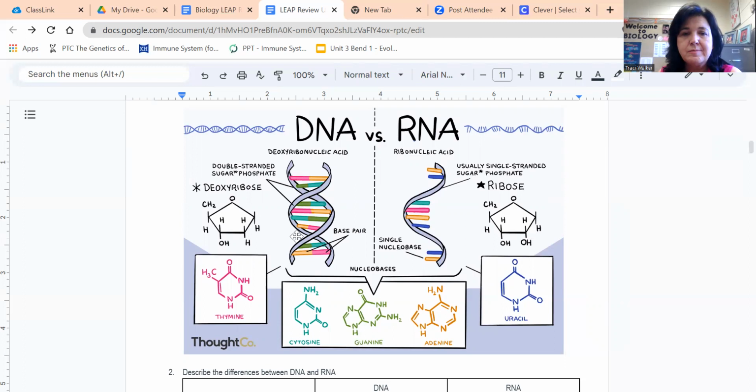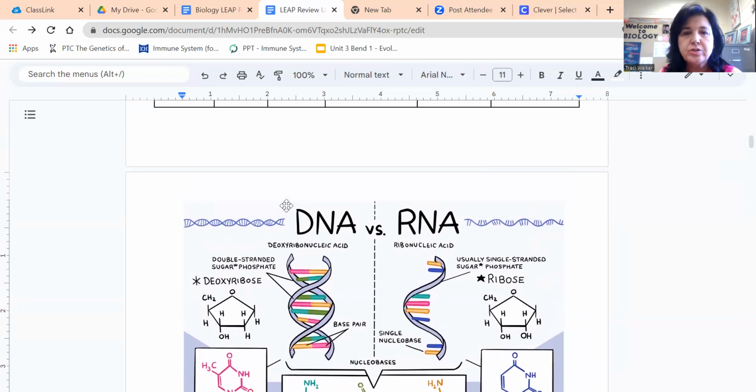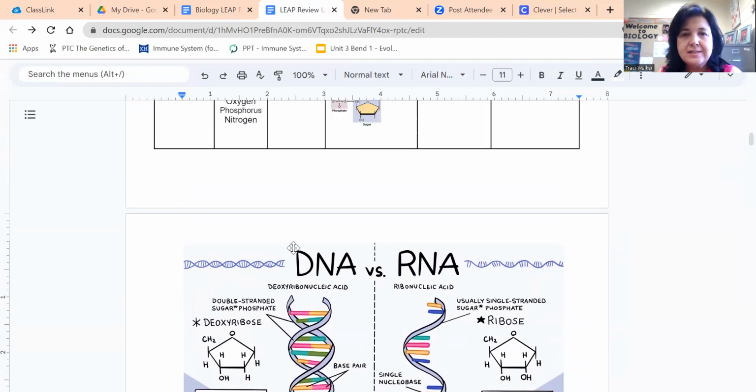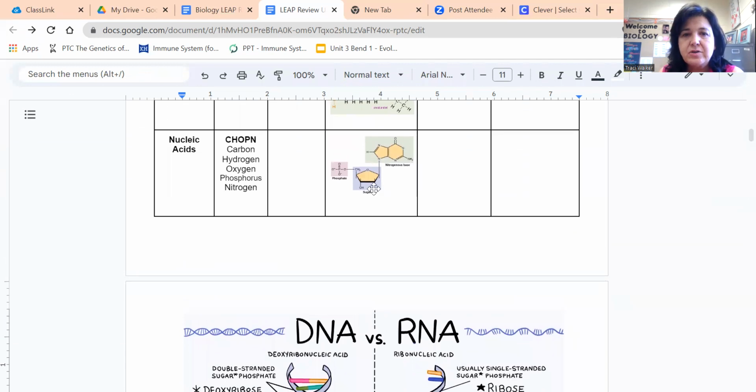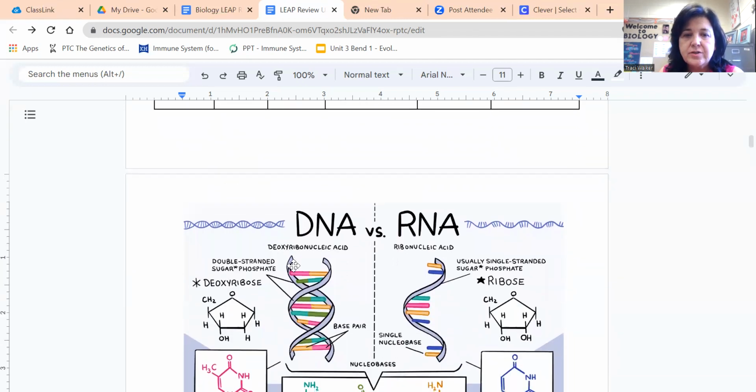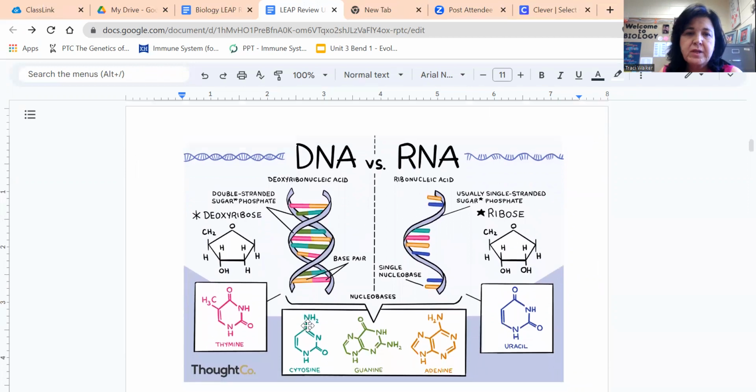If you recall the structure of a nucleic acid, let's look up here. You see how you've got your sugar and your phosphate groups over here, and then you have your nitrogenous base here. So your sugar and your phosphate are these blue ribbon structures, and your nitrogenous bases are these structures in the middle that connect the ribbons.